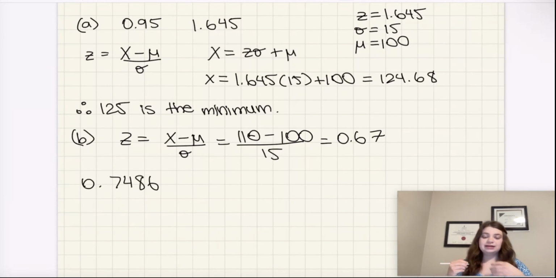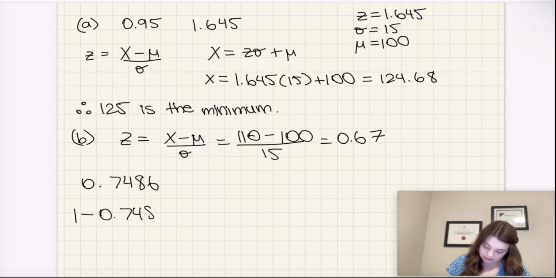So in order to find the probability that a randomly selected student has an IQ score of 110 or more, we have to find the opposite. So 1 minus this number gives us 0.2514. So therefore, approximately 25% of the students overall got an IQ score of 110 or greater.